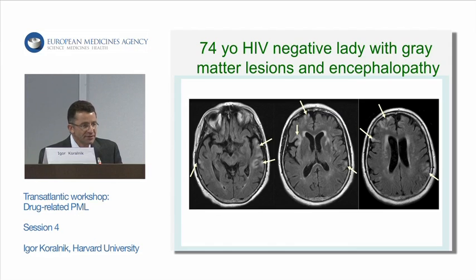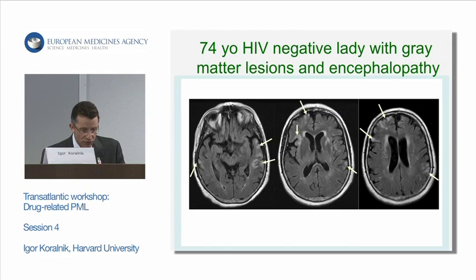Now, another novel syndrome, and I'm telling you this because that may also be important and useful in natalizumab-treated patients, that we observed recently: a 74-year-old HIV-negative lady with gray matter lesions and encephalopathy. The lesions were in the cortex, in the gray matter, exactly the opposite of what you would expect with PML.